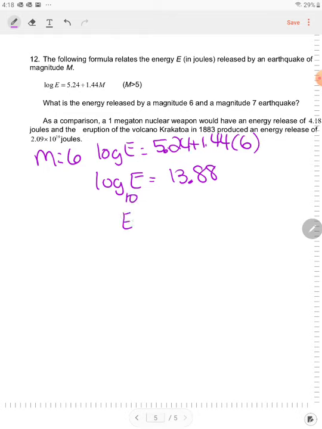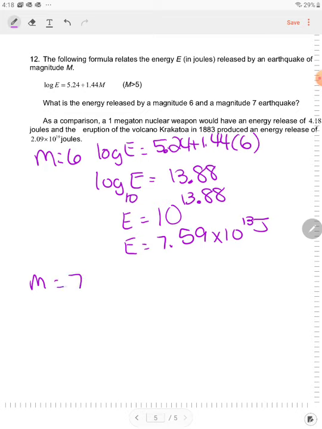So E is equal to 10 to the 13.88. And let's see, 10 to the 13.88 is, so E is equal to 7.59 times 10 to the 13 joules.